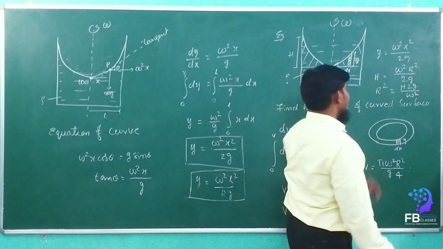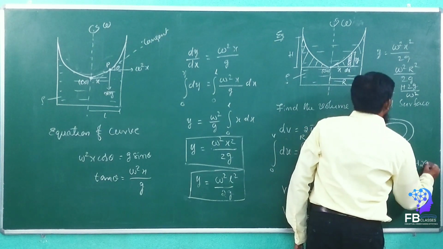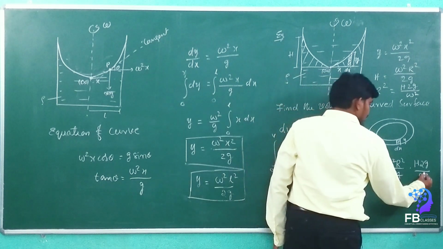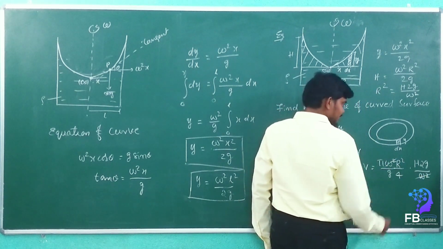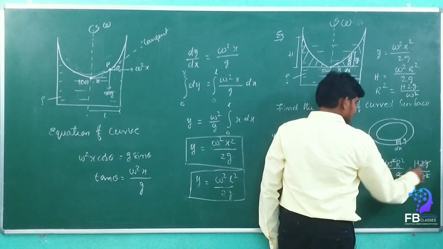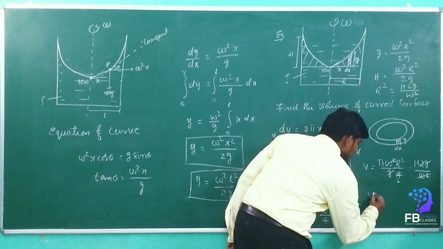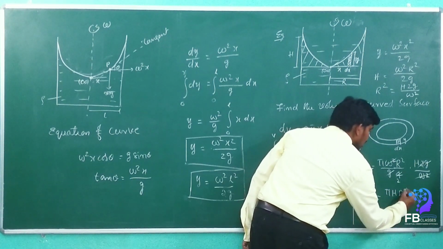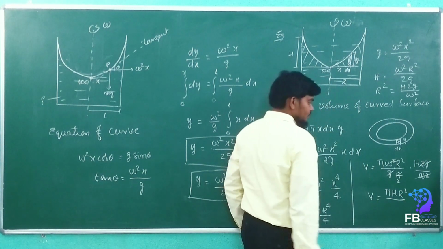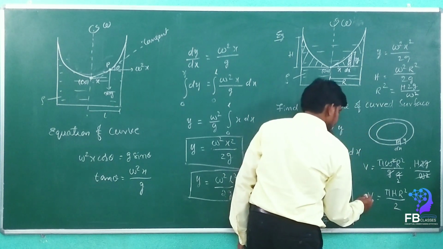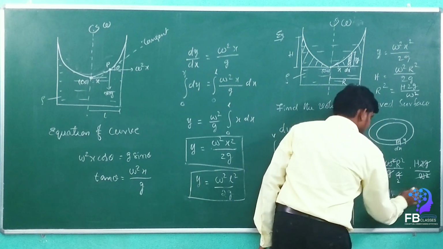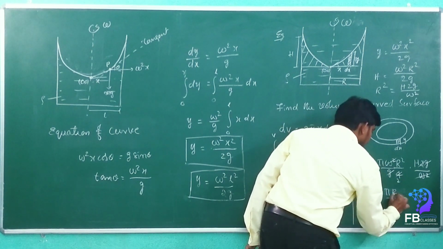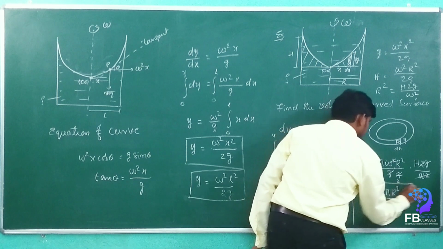Now the r square value is h 2g by omega square. Okay, now what will happen? Omega square will get cancelled, 2 and 2 make 4 get cancelled, g gets cancelled. So the total value is v is equal to pi h r square by 2. That means pi r square h by 2 we can write very easily, so that we can remember: pi r square h by 2.